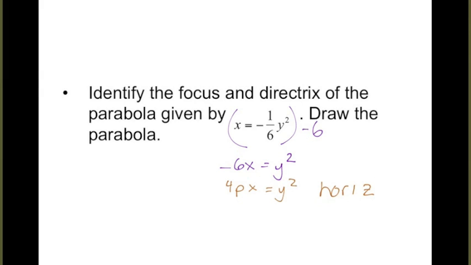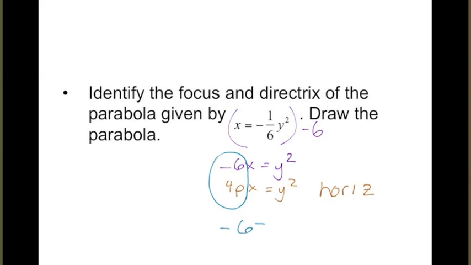Now what we want to do is in this equation in our problem, the purple one, and in the standard form equation, the orange one, we want to match up the -6 and the 4p, because everything else already matches. The y squared matches, the x matches, so that means that stuff that's circled should be equal.